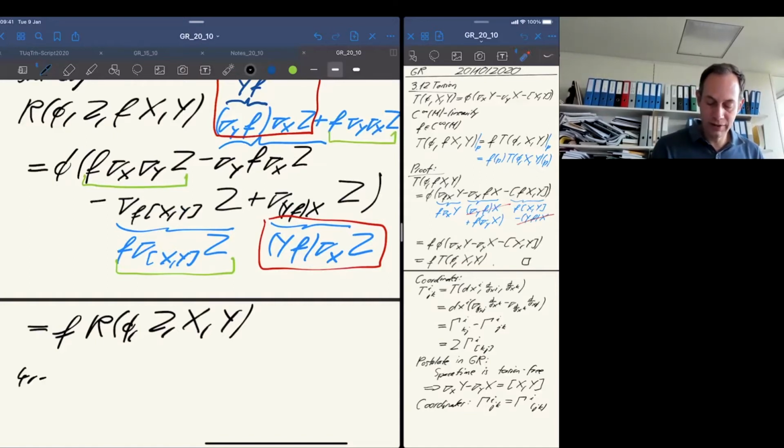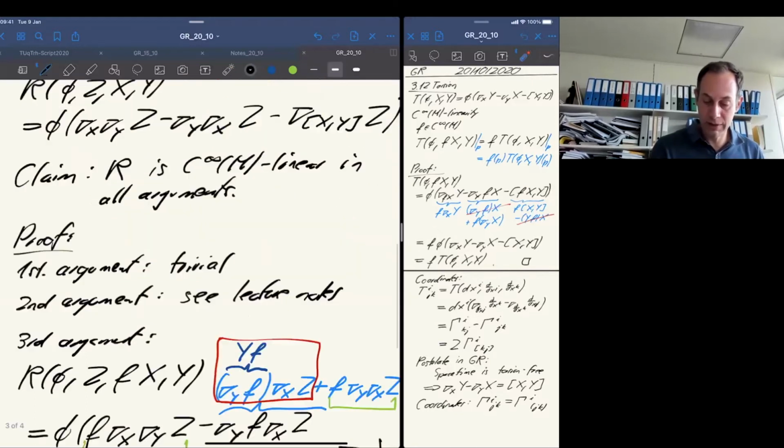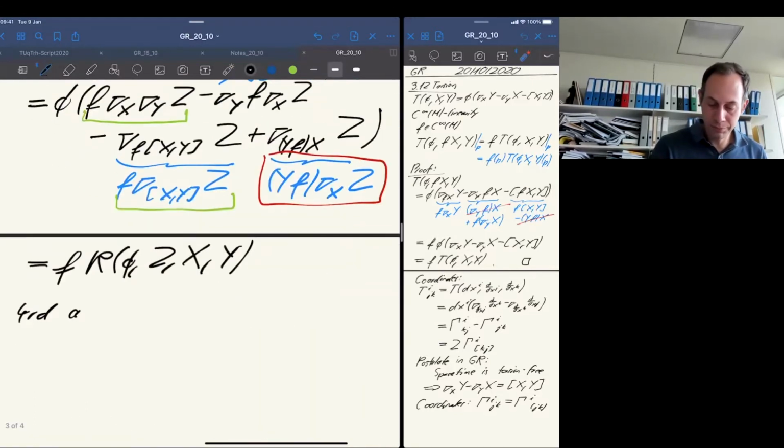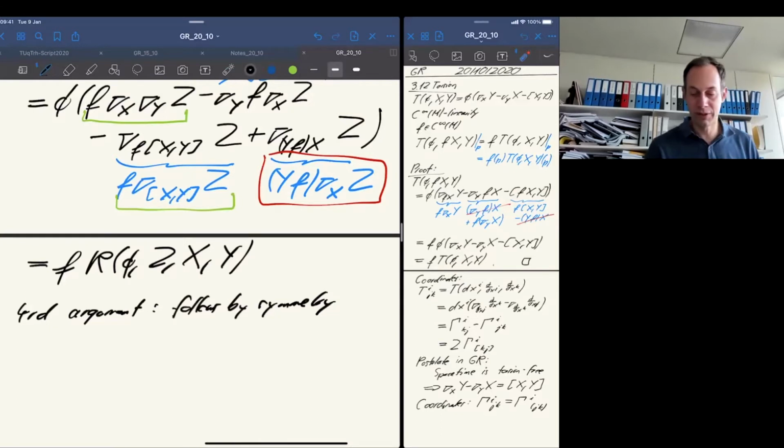Now the fourth argument. So, linearity in the fourth argument. We have already done the third. It follows by symmetry, as I said before. So the x and the y argument are symmetric.